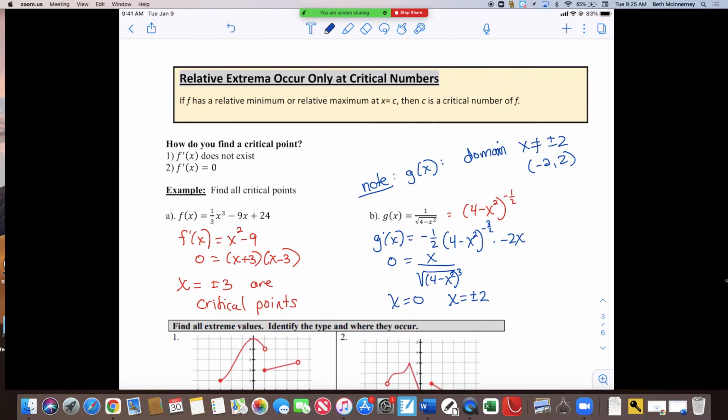Now you stop and think about your domain. x equals plus or minus 2 is not part of the domain of g, so it cannot be a critical number. So we're going to cross that out and say x equals 0 is the critical point.